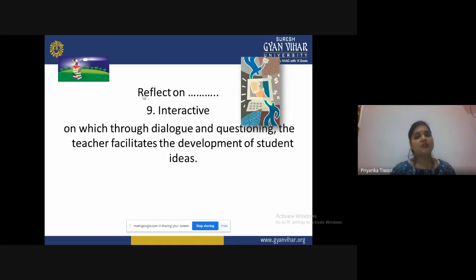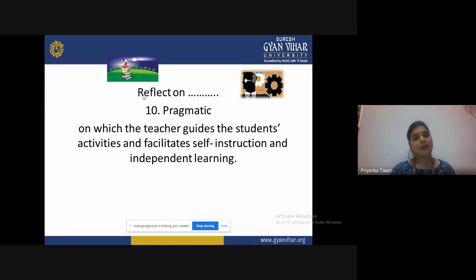Reflect on interactive, in which through dialogue and questioning the teacher facilitates the development of student ideas. Pragmatic, in which the teacher guides the students' activities and facilitates self-instruction and independent learning.